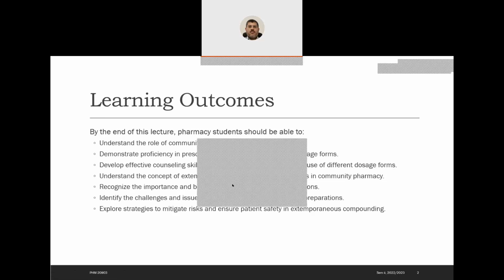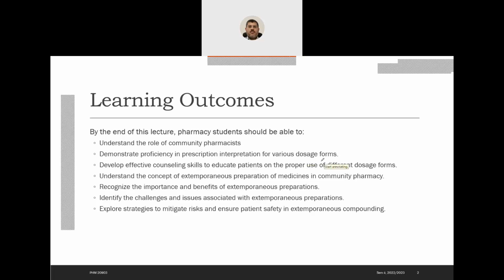We'll talk about the role of community pharmacist. What are the different functions he's supposed to do, including extemporaneous preparations. We will discuss later about extemporaneous preparations as well, and about patient counseling also.